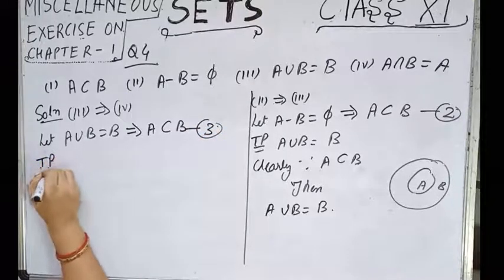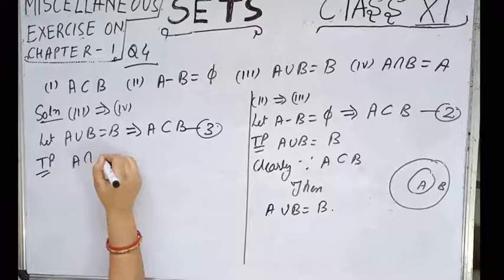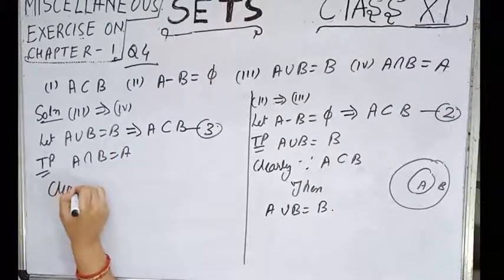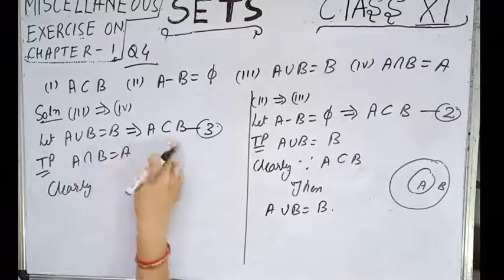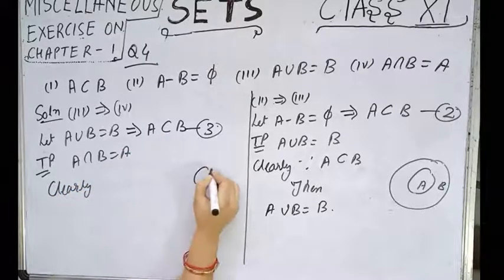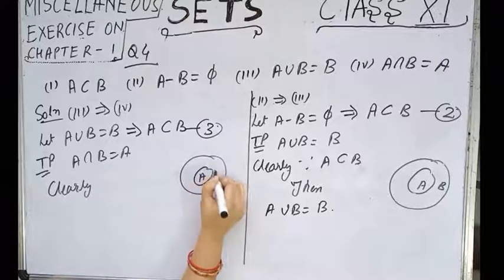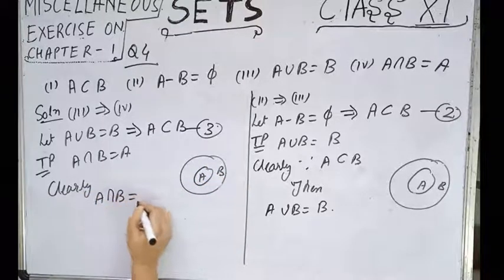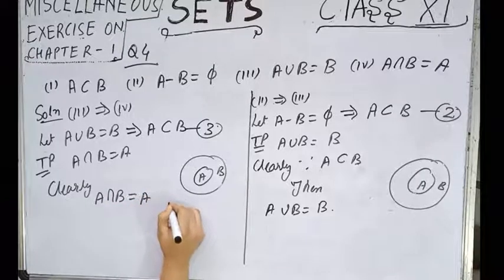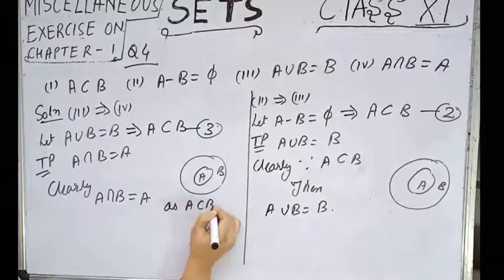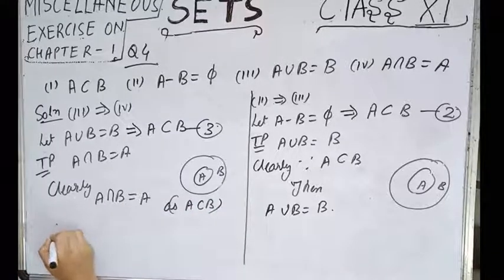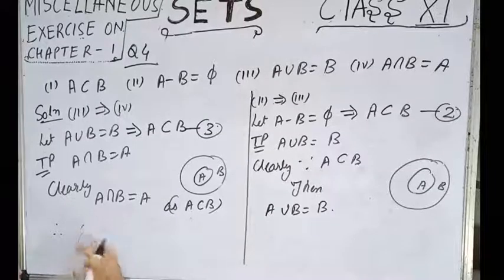Now what we have to prove? A intersection B equals to A. Now clearly, see over here, A is the subset of B. Clearly, A intersection B equals to A, as A is the subset of B. Whenever we do the intersection, the smaller set comes. Therefore, over there we can write A intersection B equals to A.